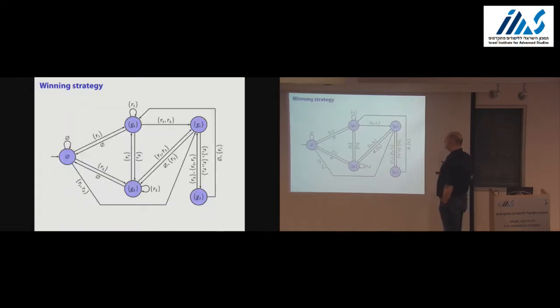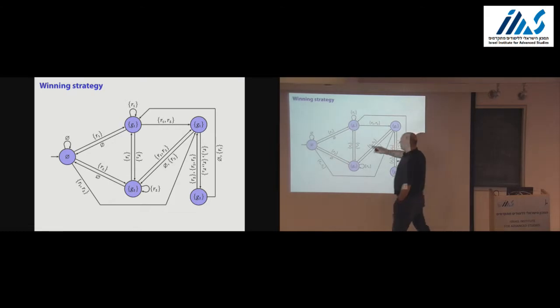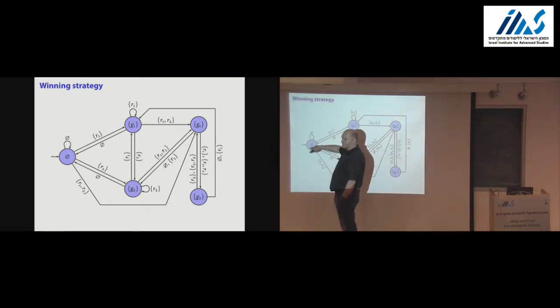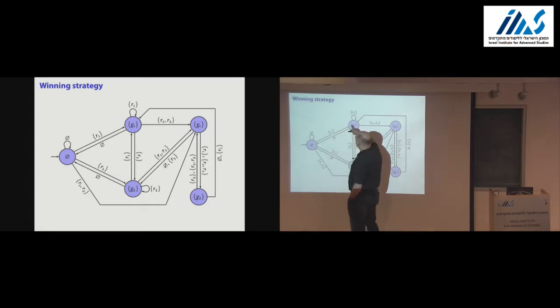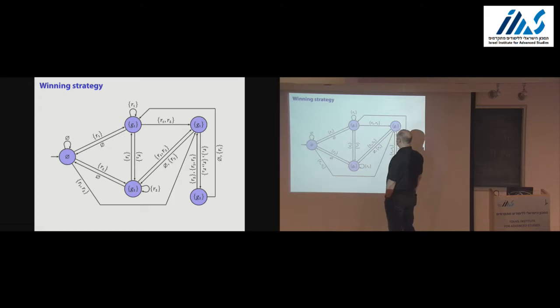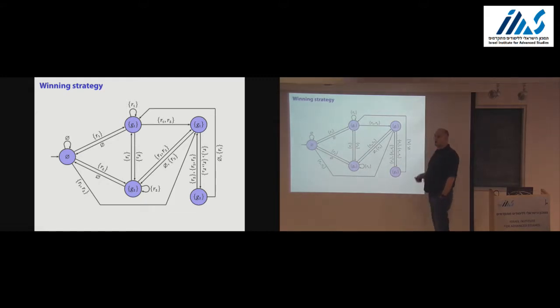So we might do something like this. Again, we start by outputting no grant at all. If we see R1, then we output just G1. But if we see R1, R2, then we go into this mode where we alternate between G1 and G2 until we have served both requests.